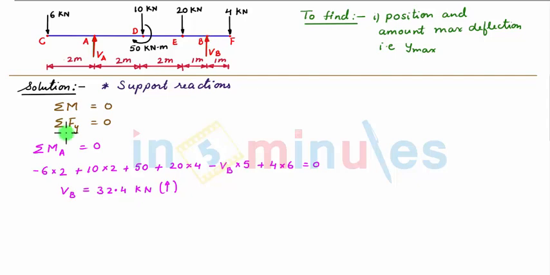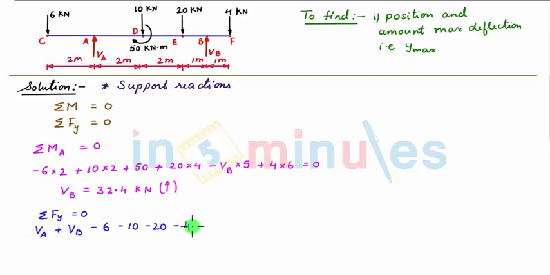Now let's apply the second static equilibrium equation, that is summation of all vertical forces is equal to 0. Our sign convention is upward force is positive and downward force is negative. So we have our first upward force VA and second upward force VB. Then we have all the other downward forces: first 6 kilonewton, then 10 kilonewton, then 20 kilonewton and 4 kilonewton.